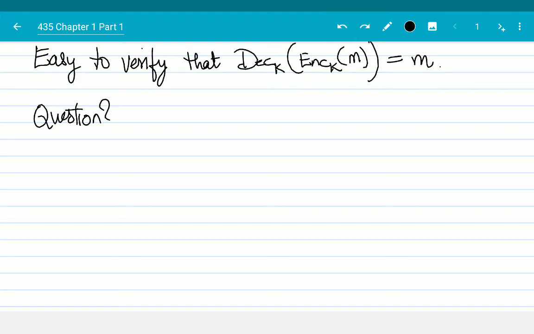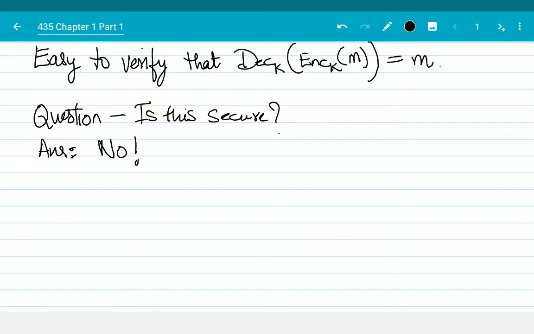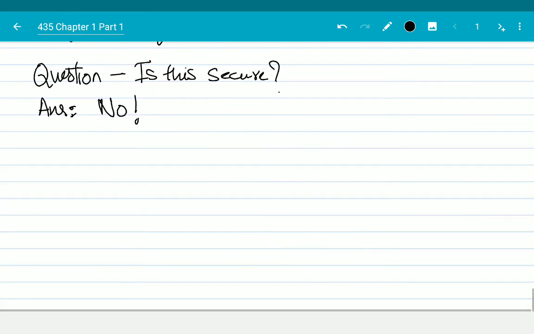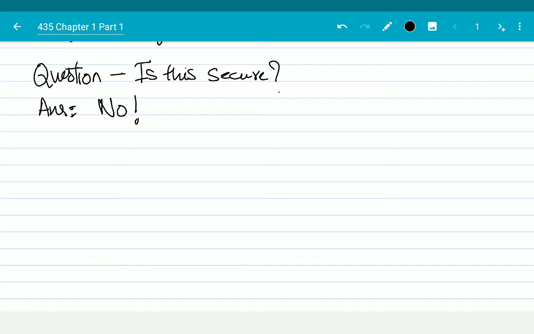Question, is this secure? Well, I haven't actually defined to you what secure means, but you can see that this is really not secure. No. Sure, a normal person would not instantly recognize this as a coded message, and they might think, oh, I have found some gibberish.